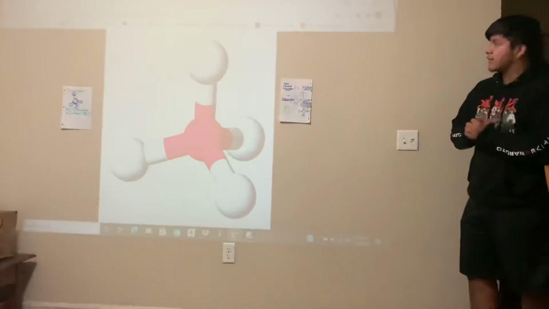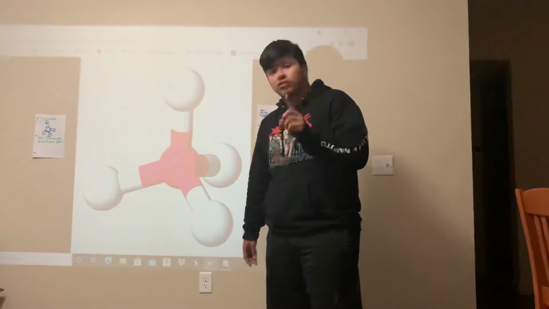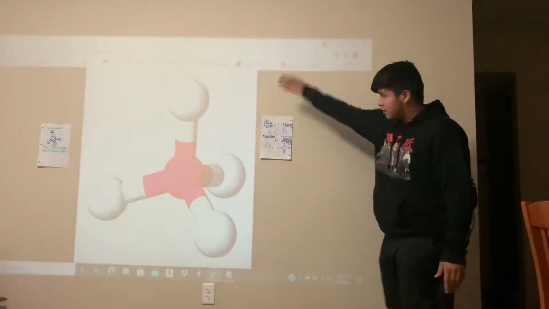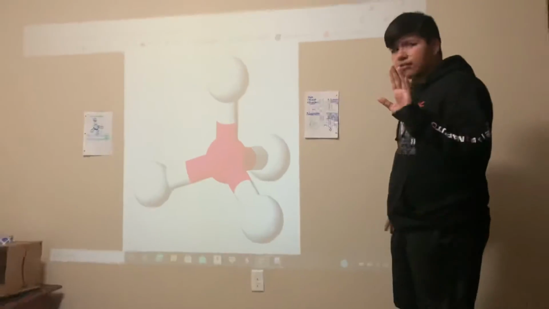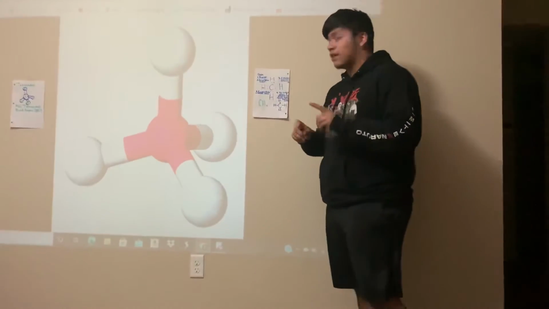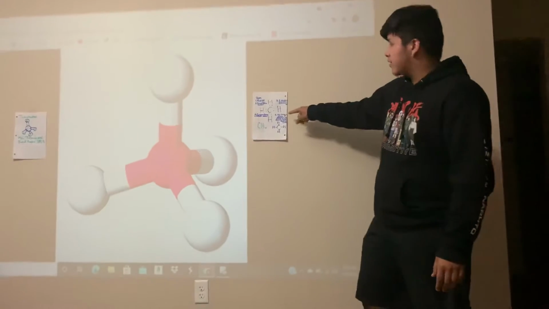But first off, before we even do that, the first thing you always do is draw a Lewis dot structure, and I'm going to tell you exactly how to do that. The first thing you need, when finding out how it looks, is drawing this. I'll get them closer in a bit. First off, you need to find the valence electrons, and you have to put the least electronegative atom in the center.